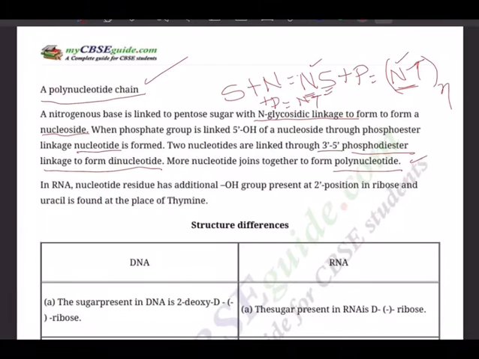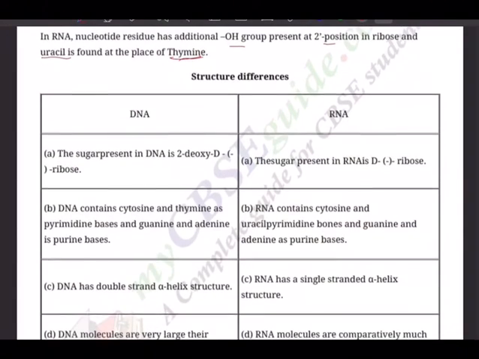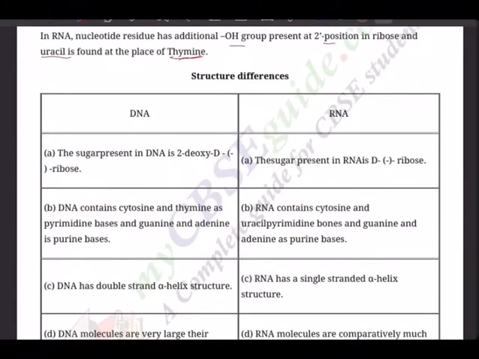In RNA, the nucleotide residue has an additional OH group present at the second position in ribose, and uracil is found in place of thymine. That is important. So the differences between DNA and RNA: the sugar is present in DNA as deoxyribose, whereas in RNA it is ribose.